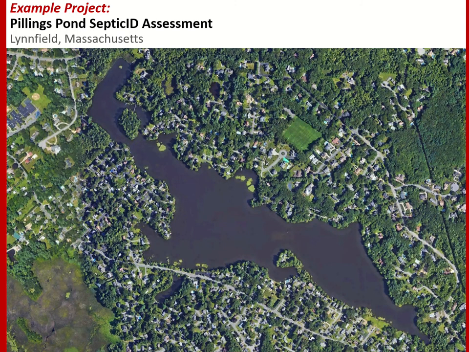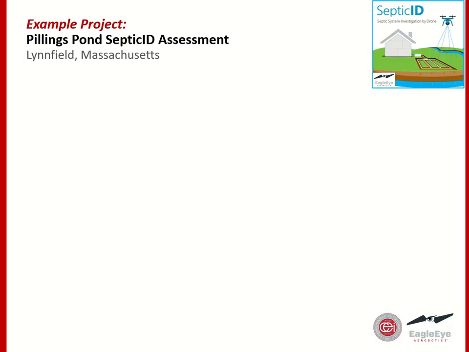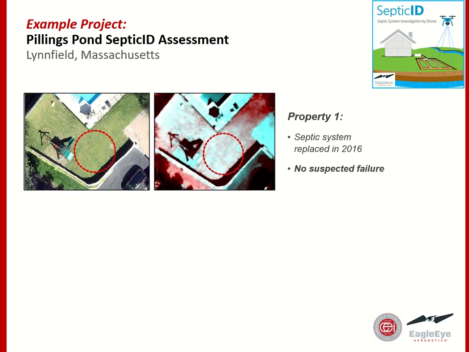As an example of a CEI Septic ID project, let's look at some imagery from an assessment of Pillings Pond in Lynnfield, Massachusetts. So here are a few examples of imagery from this project, showing a well-functioning septic system and one with a suspected failure.